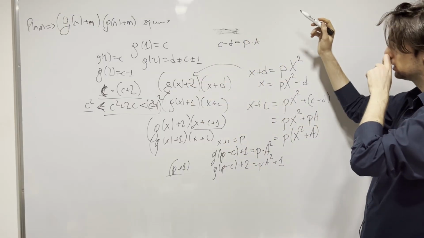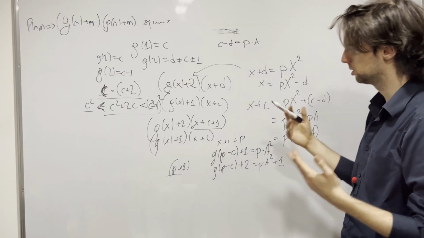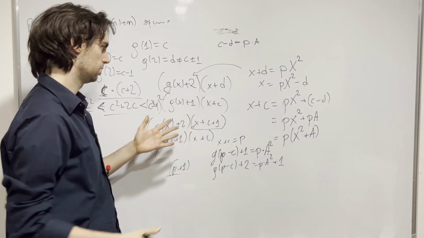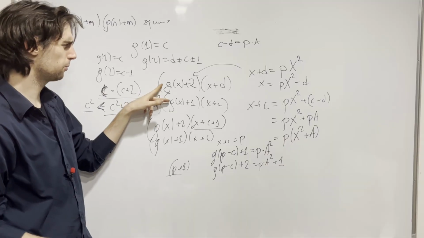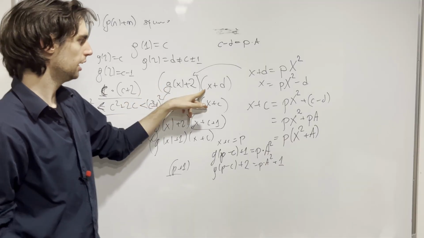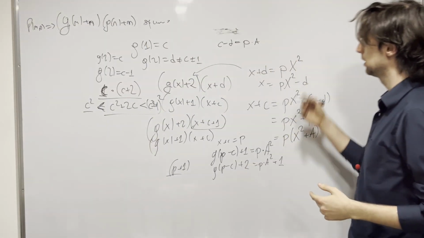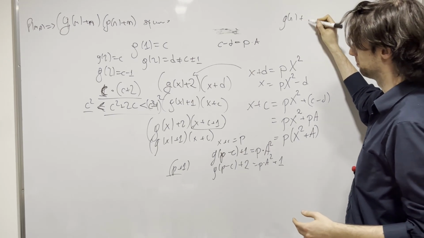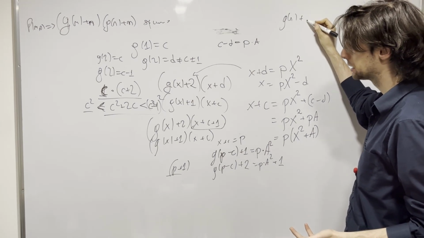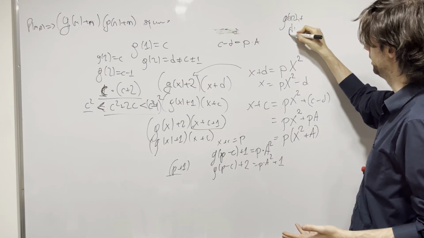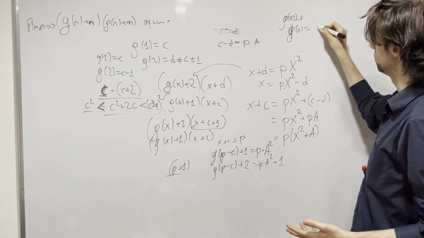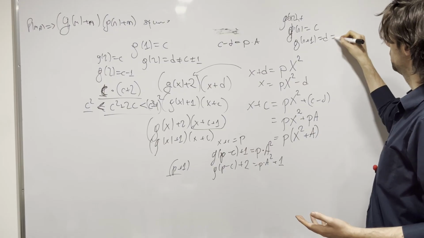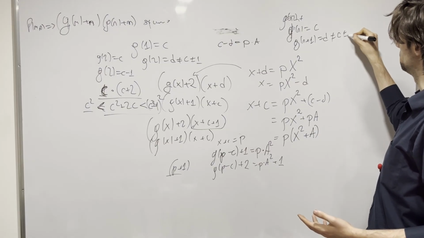But now what we can see is, instead of g of 1 and g of 2, let's look at any two consecutive numbers, because we looked at the fact that these two are relatively prime. And what we had, on the other hand, is if you have, say, g of n, let's make g of n be equal to some c, and g of n plus 1 be equal to d, which isn't equal to c plus or minus 1.